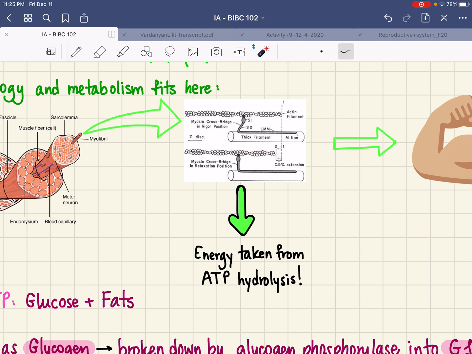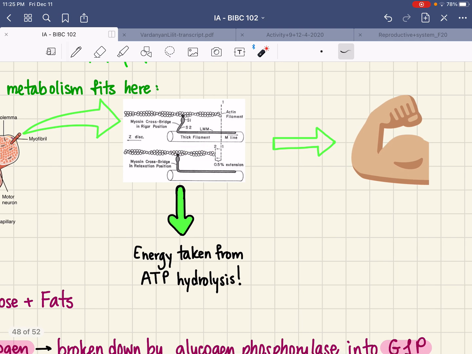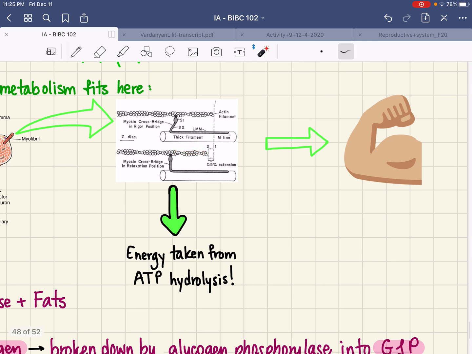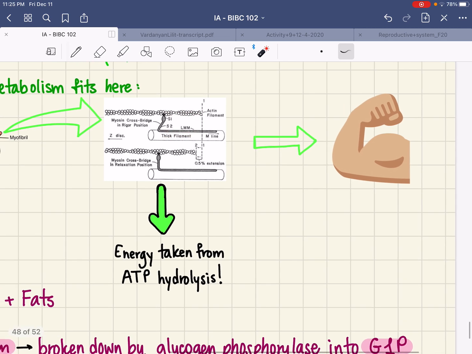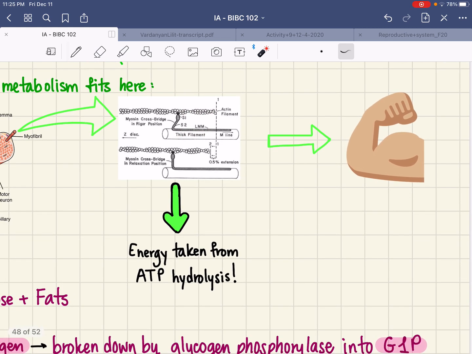Now imagine if millions and millions of these proteins do this small push to the side, then the whole muscle or parts of the muscle can contract. Okay, so that's how contraction happens, and it all happens through ATP hydrolysis, because that is where the energy for these two to slide past each other comes from.